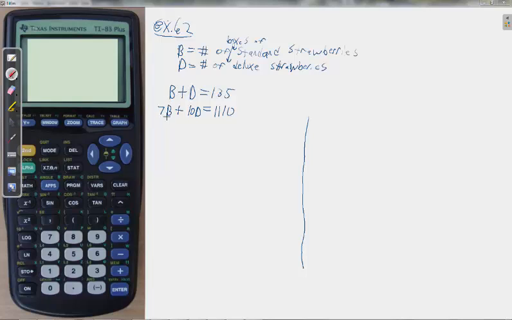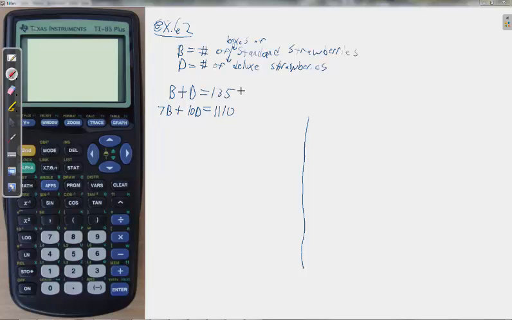Probably the easiest way to do elimination, I would think, I'd have to either multiply B here by -7 or D by -10. I think I'm going to do -10 just because it's easier for me to do a multiplication by 10 than by 7.